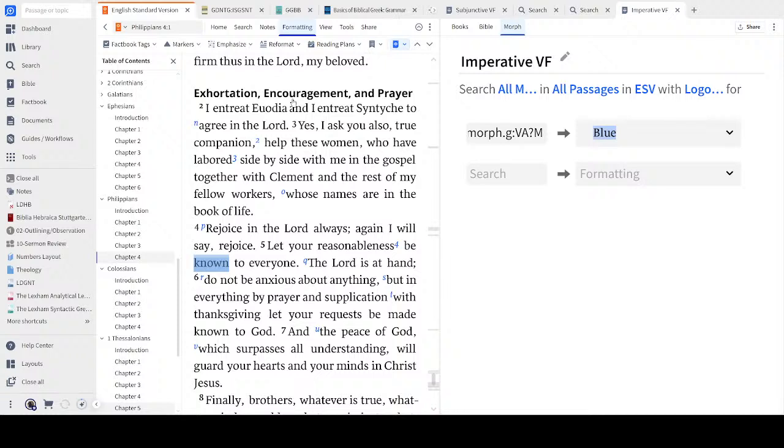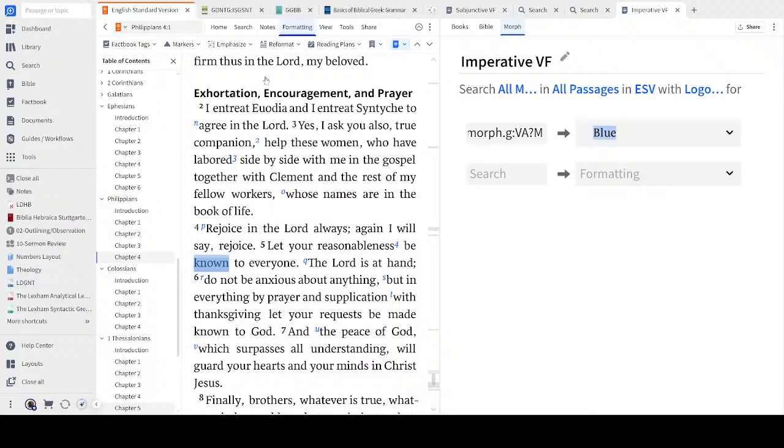So it's a command. So this command is not an option for them to obey. He's saying the snapshot, when I look at your life, this should be the pattern of your life, that you have been a reasonable person.